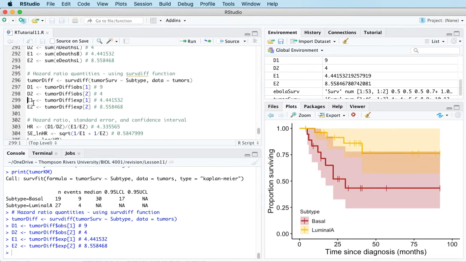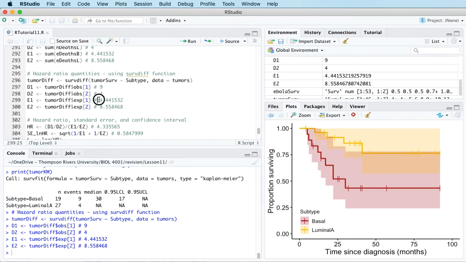And then E1 is the expected number of deaths in the basal group, and E2 is the expected number of deaths in the luminal A group if there's no difference between the basal subtype and the luminal A subtype.